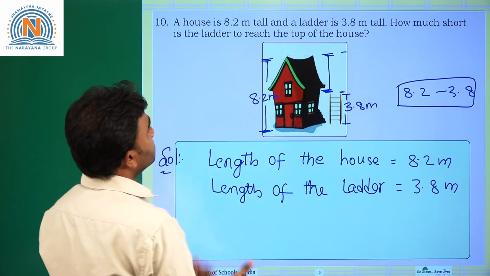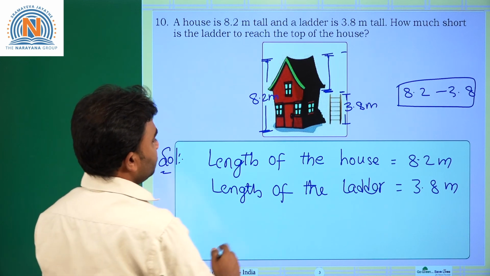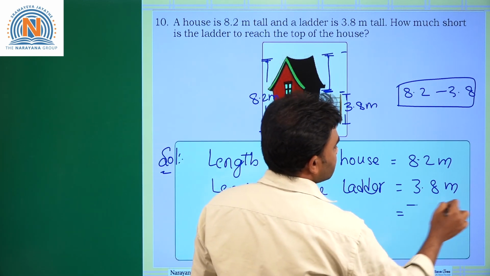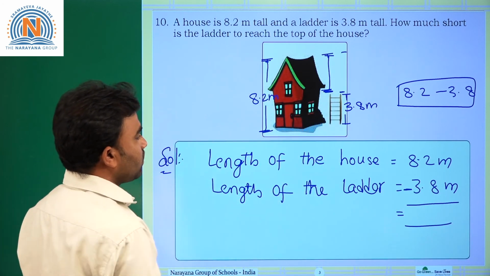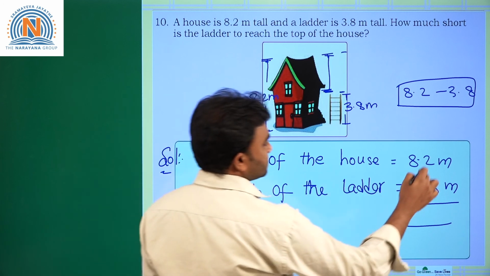To find the remaining ladder, we have to subtract both these. That means 8.2 minus 3.8.